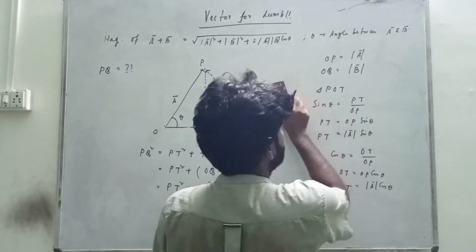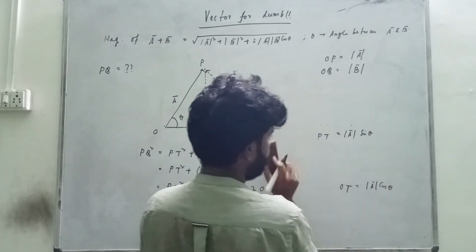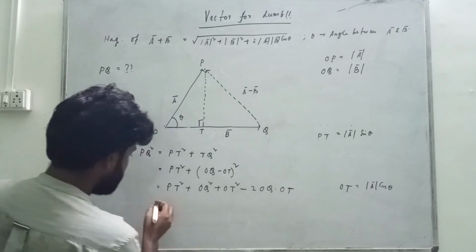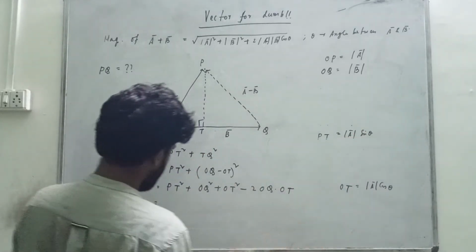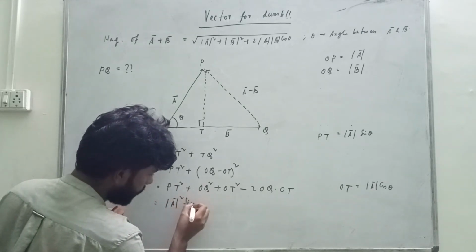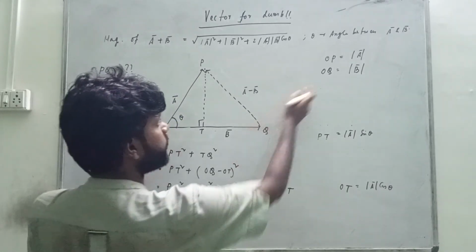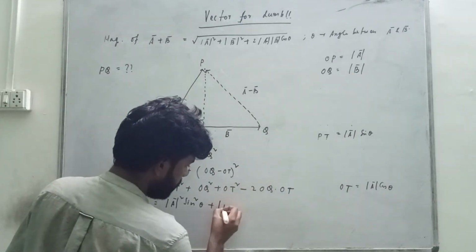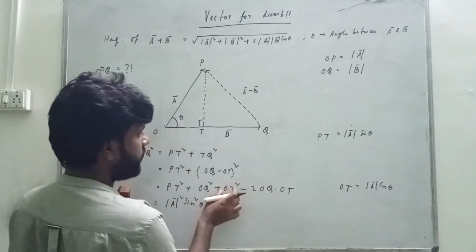Okay, so now erase all this and I just encountered this result here. PT squared means modulus of A whole square and sin square theta, plus OQ square, OQ means modulus of B square, plus OT squared here.